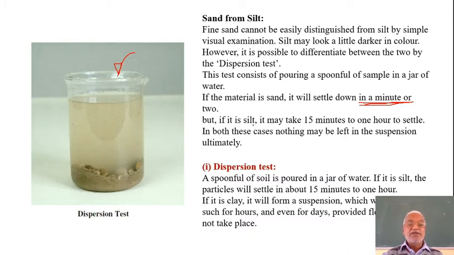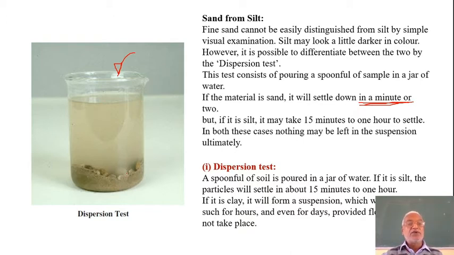But if it is silt, it takes around 15 minutes to 1 hour to settle. In both the cases, nothing may be left in suspension ultimately, means no particles are left in this. When you get muddy water like that, it indicates that there are clay particles involved, the particles which are less than 0.002.